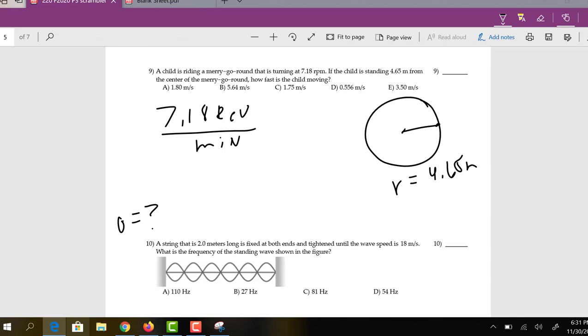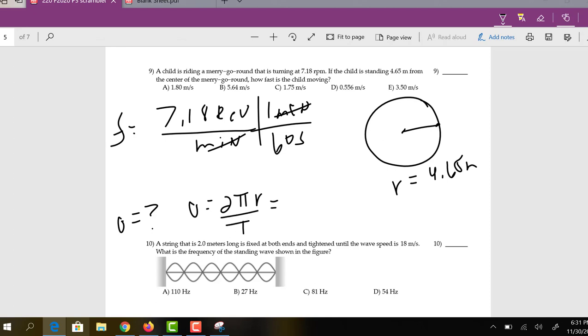Okay, so what is the 7.18? It's the frequency. It's just not in SI units. So we know 1 minute is 60 seconds. And then the minutes cancel out. So then you have an actual frequency in SI units. So I'll leave it to you to figure out what that is. And then the speed, the formula for the speed, it's 2 pi r, that's the distance that you go around, divided by the period.